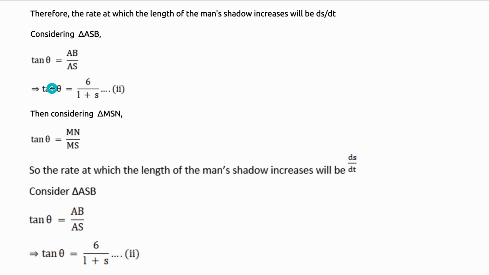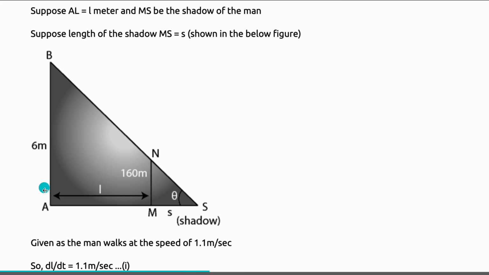So now we get tan theta is equal to 6 upon L plus S, or you could write AM plus MS. L is the distance which is increasing, and S is the shadow.